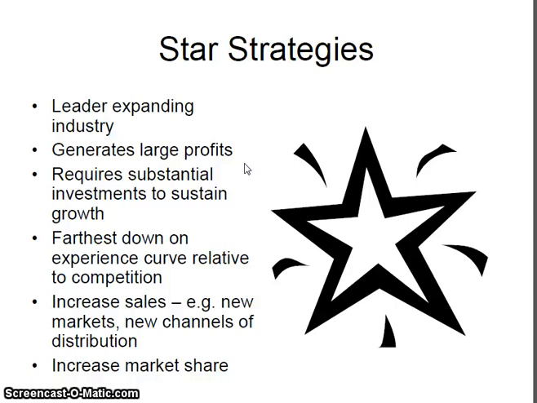The business is going to shine. That is what we mean by star. It's going to shine in the future because all positive symptoms are there. Already you have a very positive position by having more market share, so this business is going to flourish in the future.